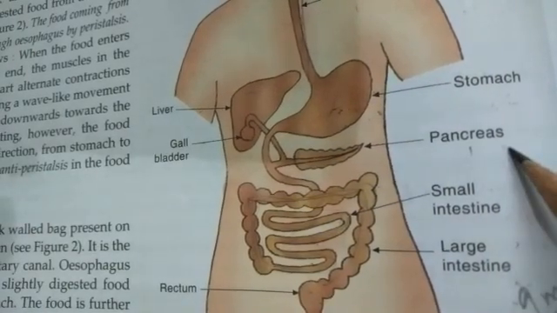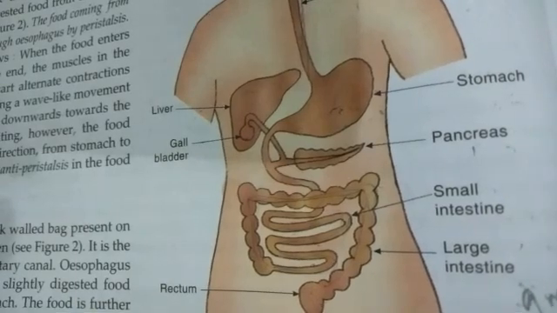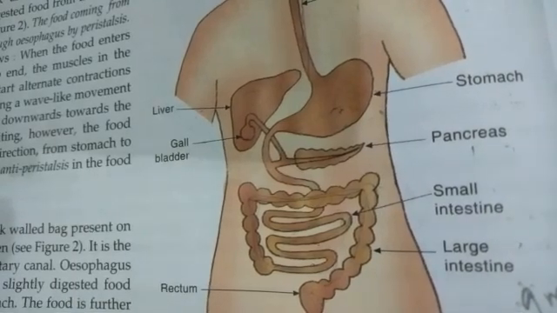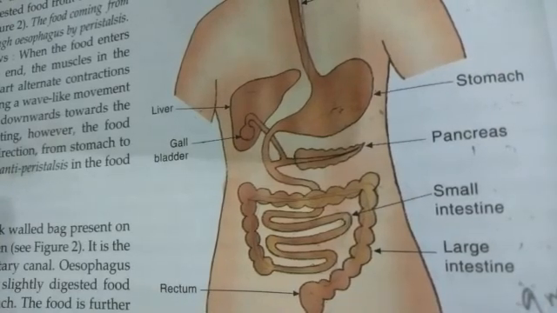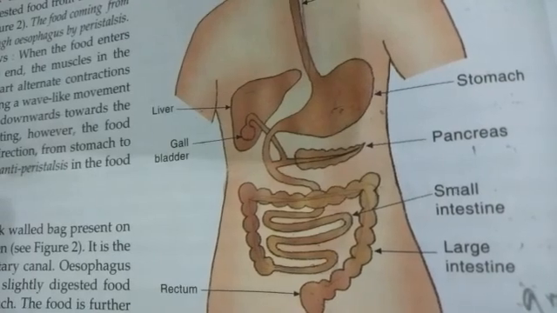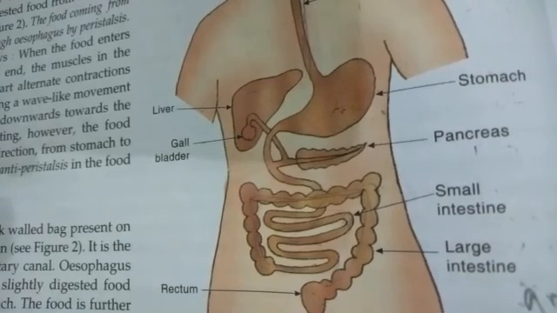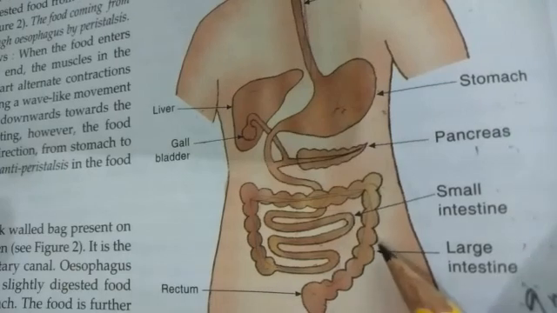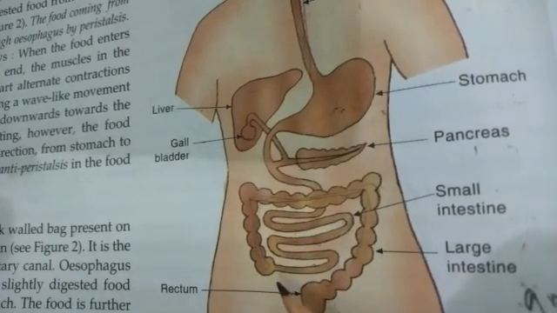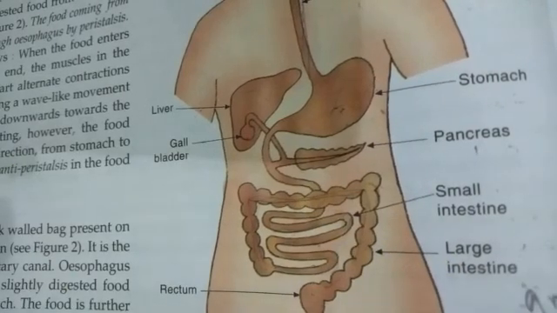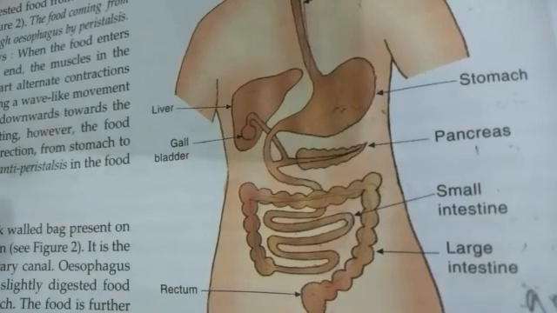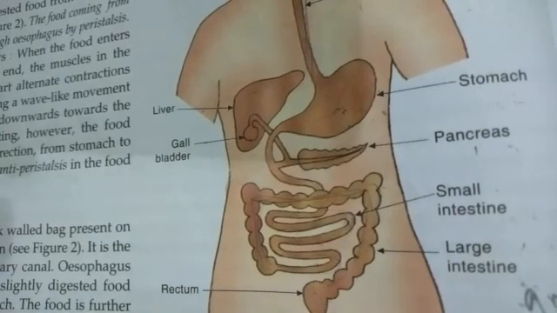And pancreas secretes what? Pancreatic juice that also contains what? Three enzymes: trypsin, amylase, lipase, that help in the breaking of the proteins, starch and fat molecules. And after the complete digestion, absorption takes place where? In the small intestine, as the wall of the small intestine is having what? A finger-like projection known as what? Villi.